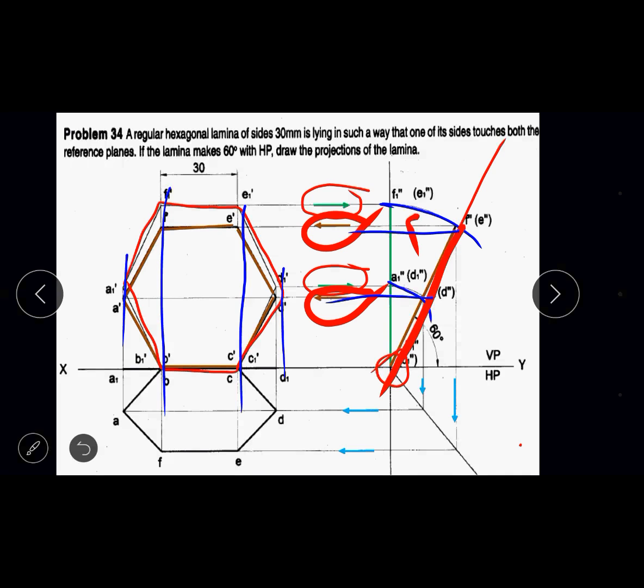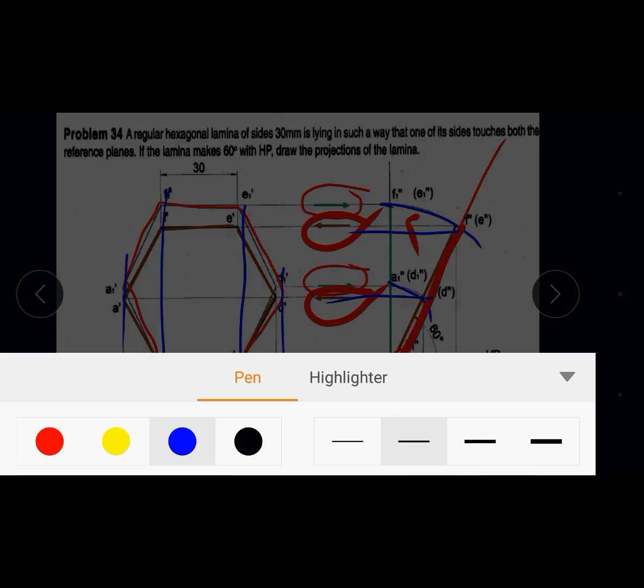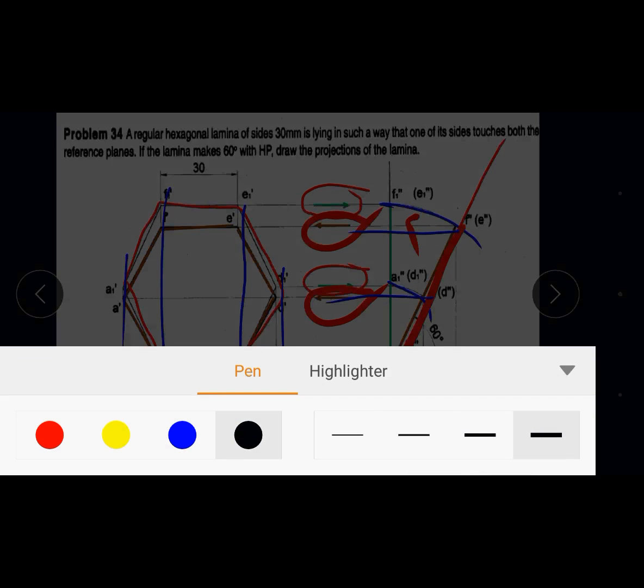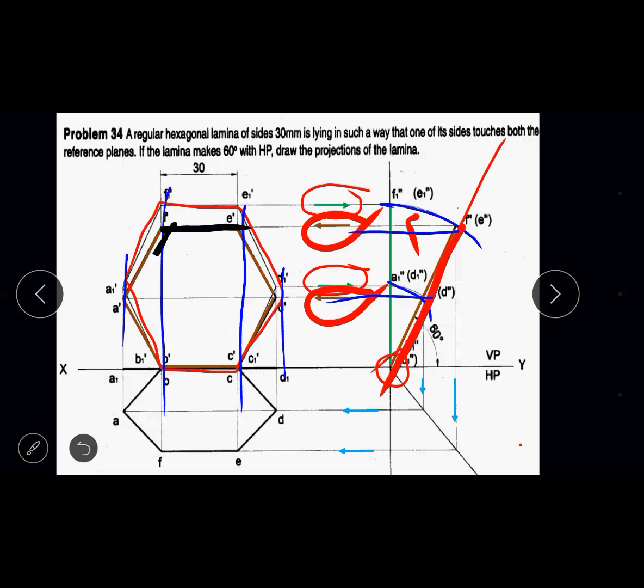So the brown shaped lamina is obtained with the help of the point of intersection between the 60-degree side inclined view and the regular front view of the lamina. So you will get this brown shaped lamina, which you can find within the figure.